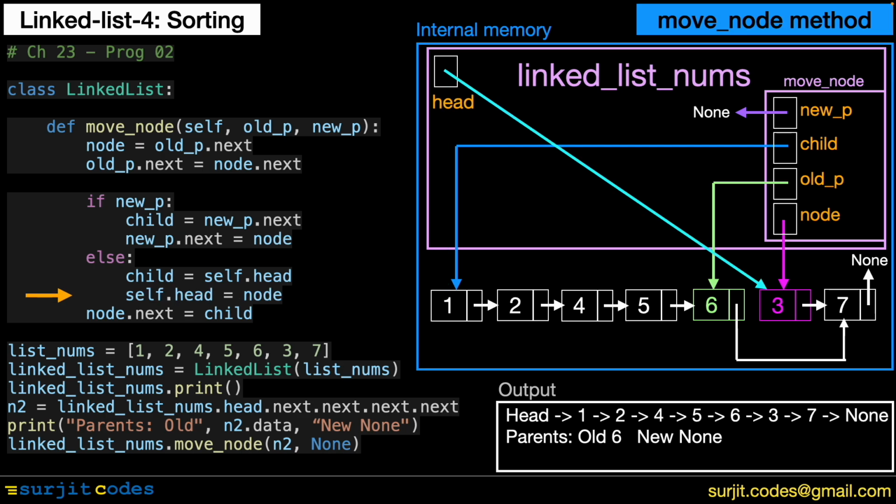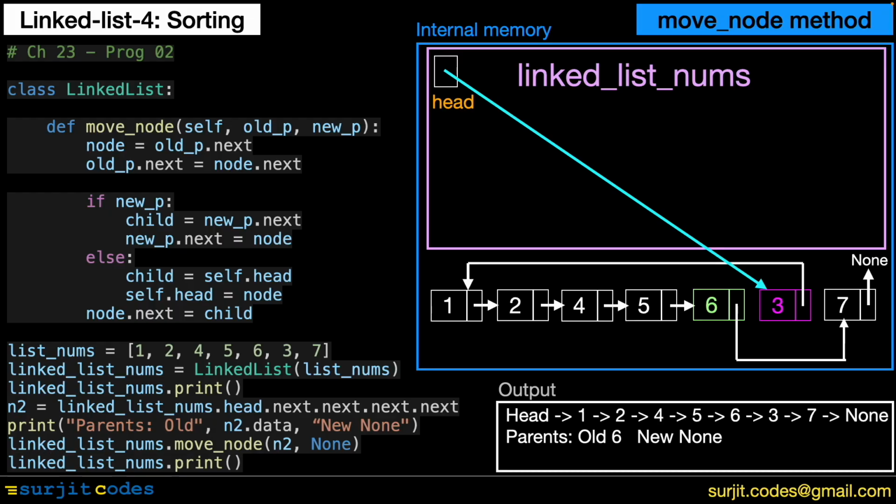We can now make node the new head. Common statement to both the blocks links node with the child. Move node method ends. Print method now gives the desired output. 3 is the head and 1 is its child.